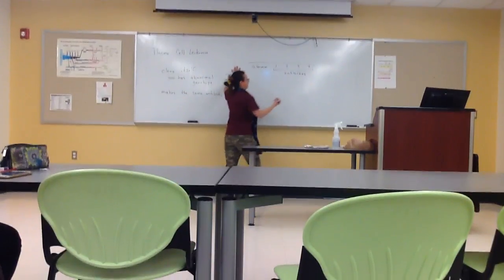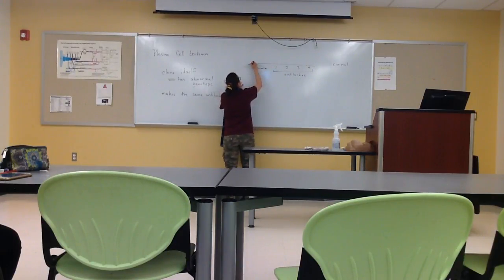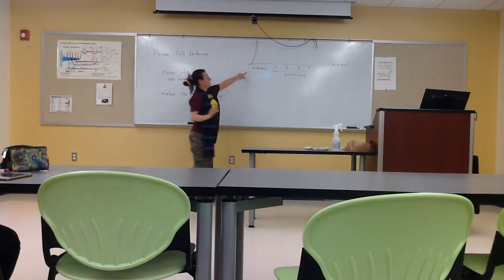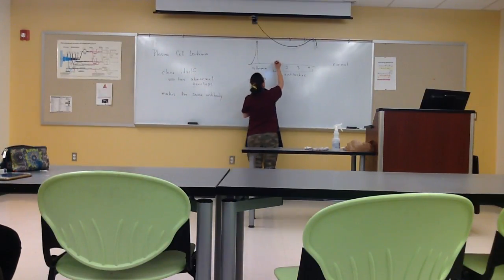Now, up above is what you would see normally. You would see a big, huge peak with your albumin, because that's the most common protein. And then with these guys, you'd have a little bit of each of them.